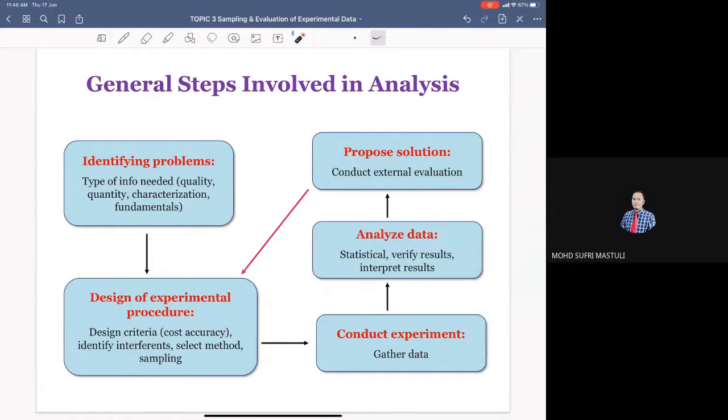So during the data analysis, we will do the statistical, we do verification of result, and also we have to interpret the results. And last but not least, we will propose the solution of the problem that we identified in the beginning. So this is the whole circle of the analysis.